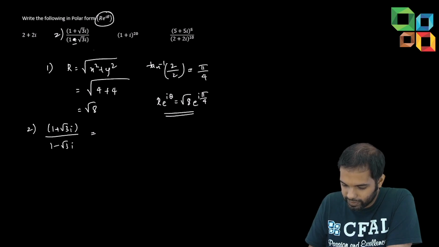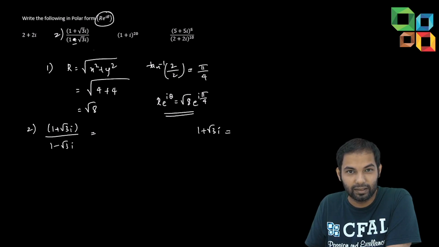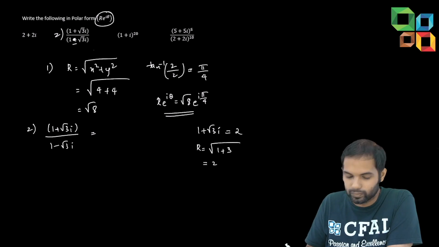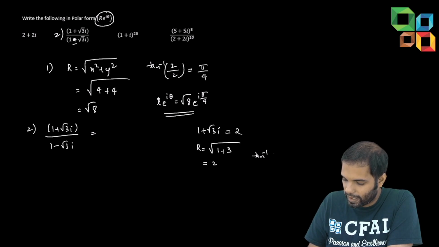Okay. What is the numerator? 1 plus root 3i. This I want to write in terms of r and theta. Okay. So r is root of 1 square plus root 3 square, which is nothing but 2. R is 2. What is theta? Theta is tan inverse of y by x.